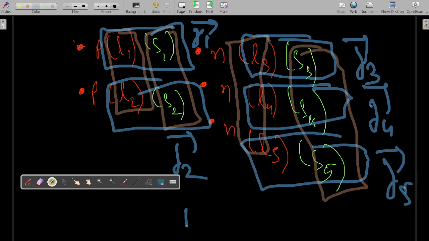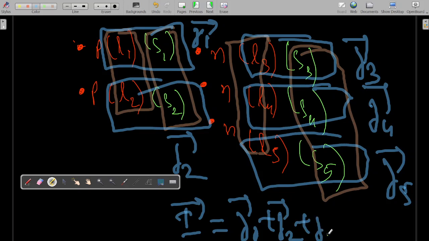Then what are we doing? In order to find the value of I, the total angular momentum, we simply add the J1 vector plus J2 vector plus J3 vector plus J4 vector plus J5 vector. In this way we are doing it.